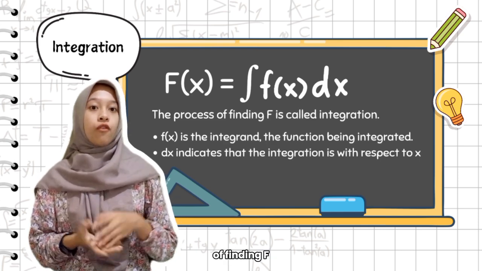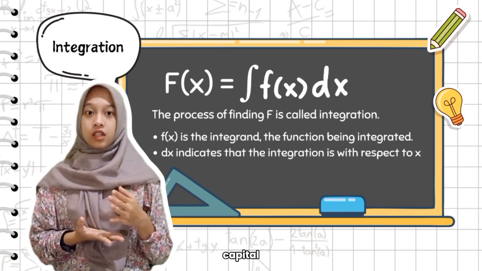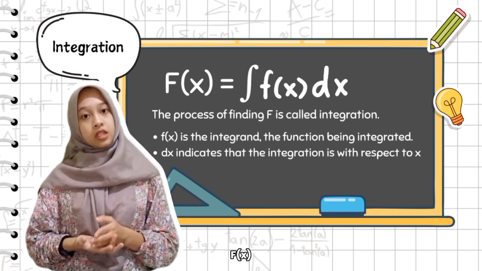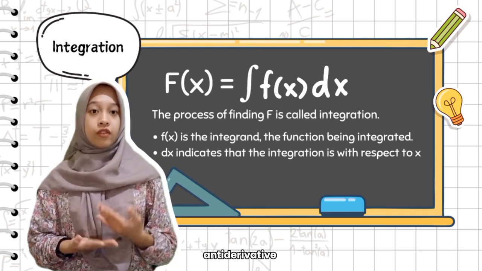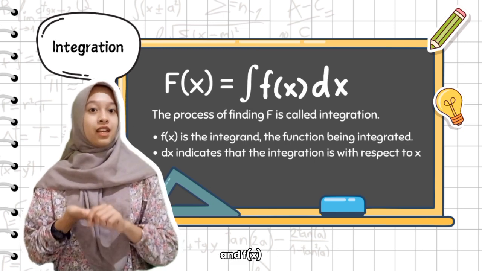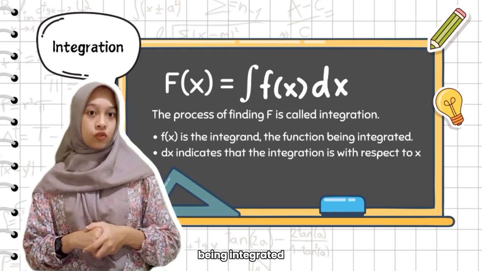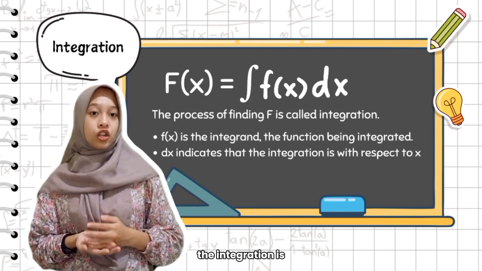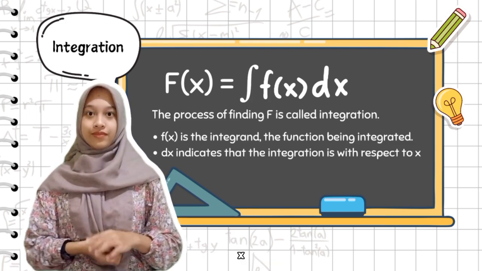The process of finding capital F is called integration. Capital F is the antiderivative of f(x), and f(x) is the integrand, the function being integrated. And then dx indicates that the integration is with respect to x.